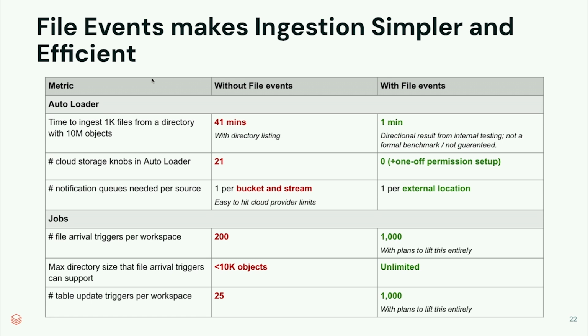The other thing is the limitation I talked about in setting up the file arrival trigger, which had a 10,000 files per directory limitation. That limitation is no longer there. It can have an unlimited number of files in your directory, and we are going to be able to serve the notification from that directory and trigger your job based on those events.